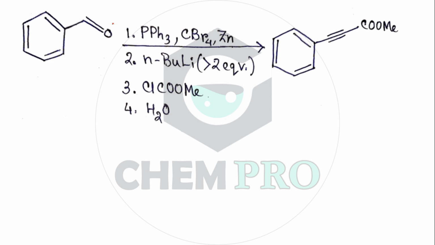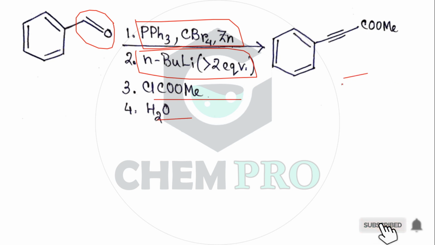Here is the example, and we have to just look at the aldehyde part. This is the aldehyde part, and after these reagents, we can just have the desired product.